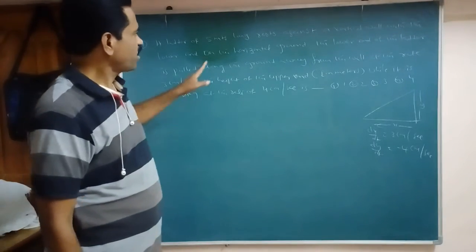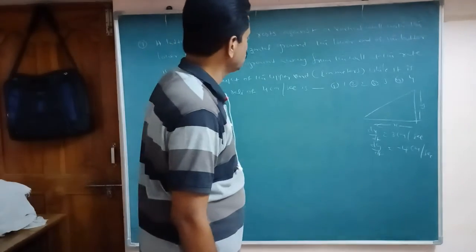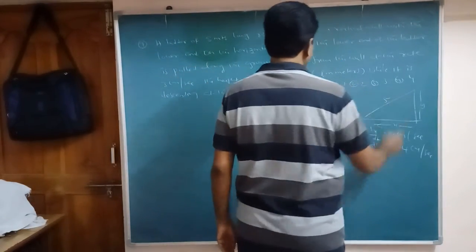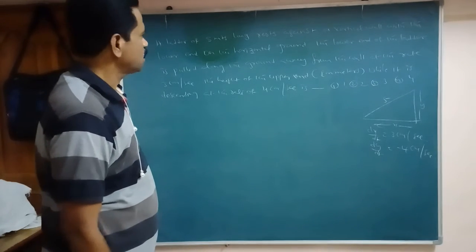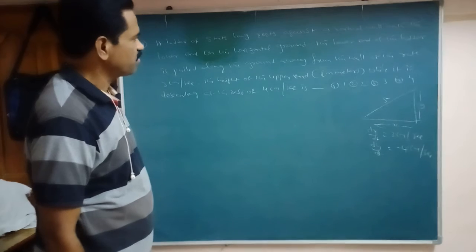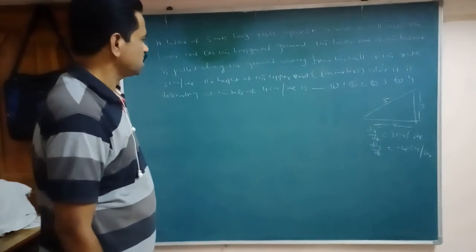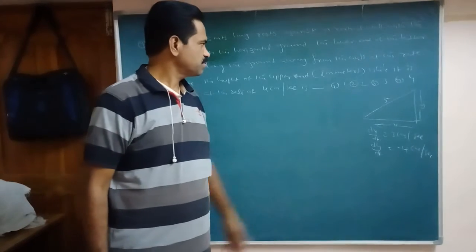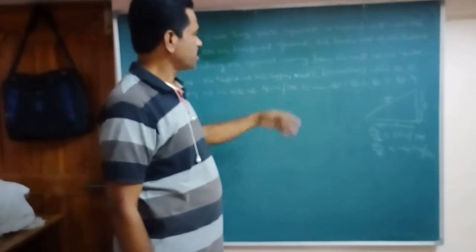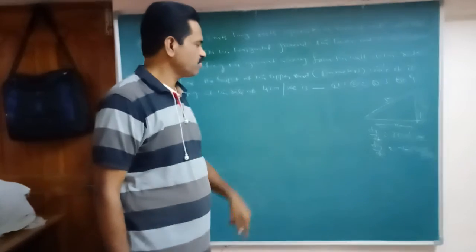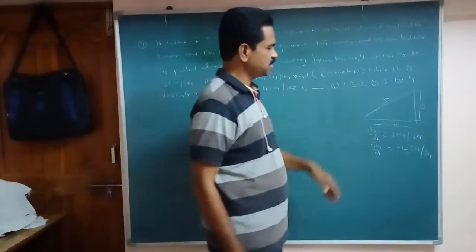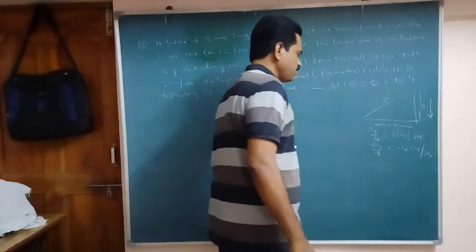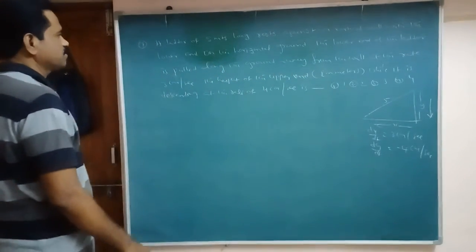A ladder of 5 meters rests against a vertical wall, and on the horizontal ground the lower end of the ladder is pulled along the ground away from the wall at the rate of 3 centimeters per second. The upper end is descending at the rate of 4 centimeters per second. So it is downwards, no? Down means descending, so dy by dt equals minus 4 centimeters per second.